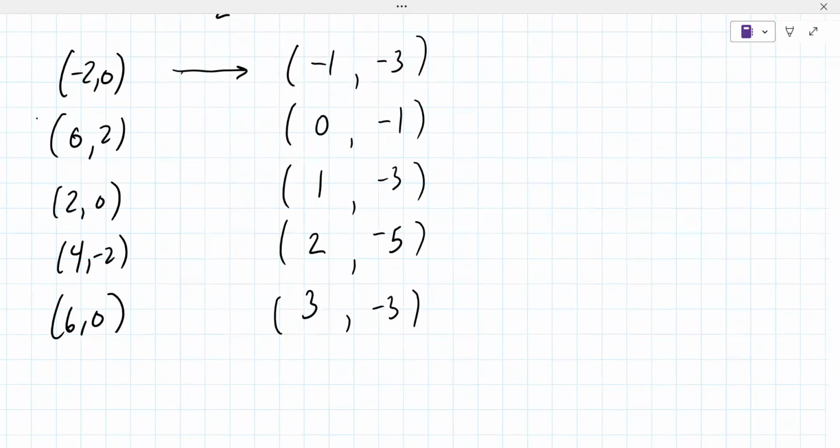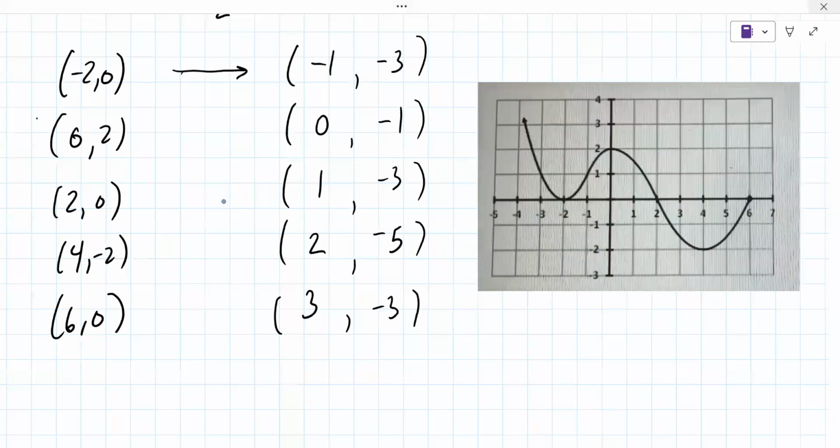All right, so now you can graph this new one. I'm going to very carefully try to do that over here. I'll do that in blue. So (-1, -3), and that corresponds to this original point here. Let's keep that in mind.